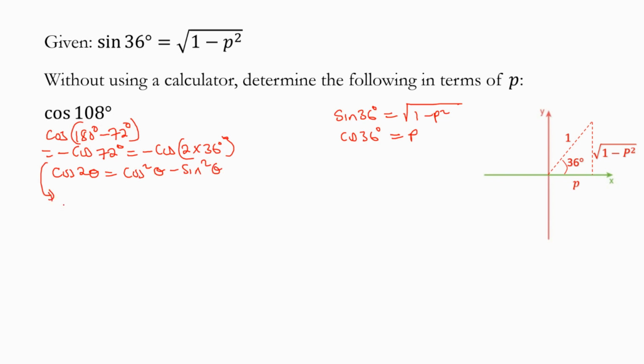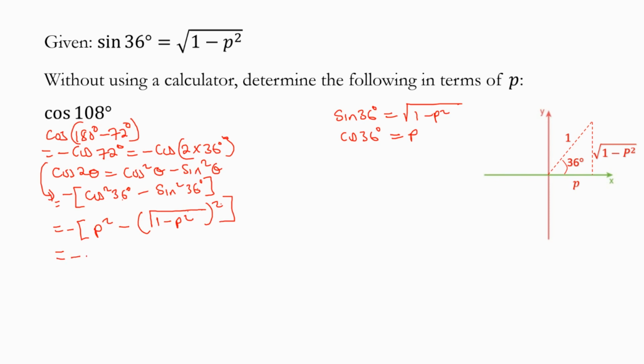So this is negative, cos squared 36 degrees minus sine squared 36 degrees. Then cos 36 degrees is p, so it's p squared minus the square root of 1 minus p squared, squared. The square and the square root cancel each other out.